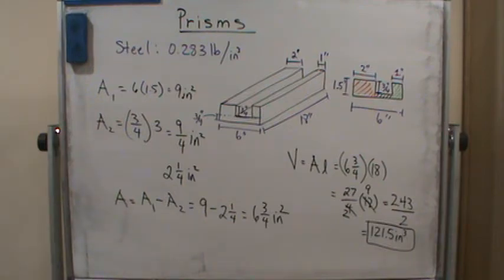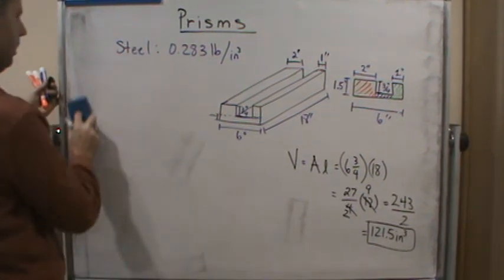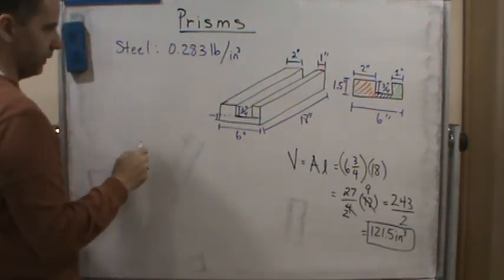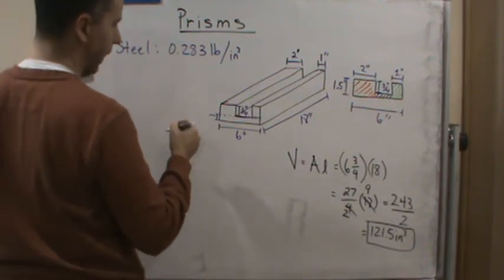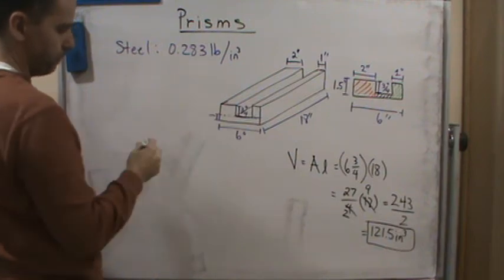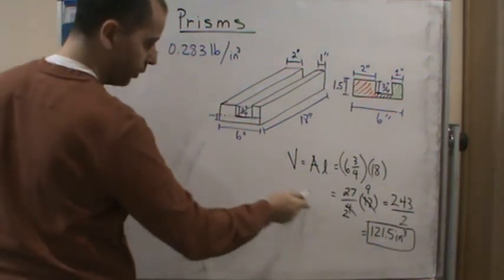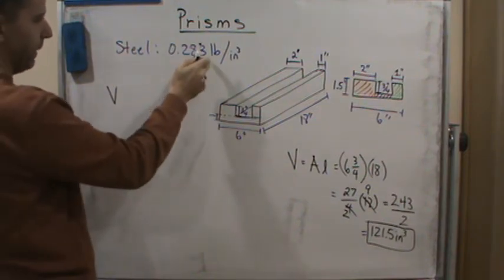Okay, so now we're not done. Now we've got the volume. Now we've got to find the weight, the total weight. So now we come back to this up here. So now we want the weight. This is the density of steel, right? Pounds per cubic inch. So now we're going to take the volume of the steel and we're going to multiply it by the density here.